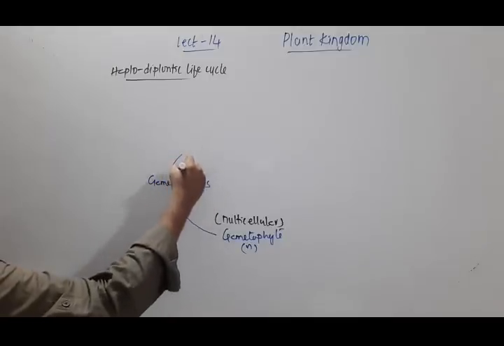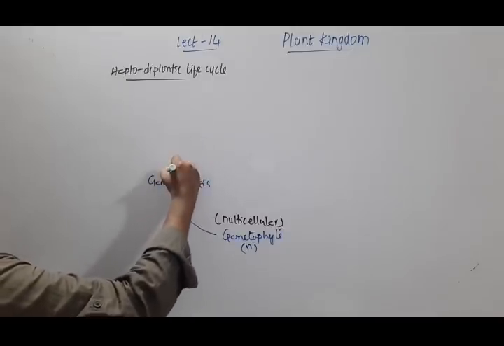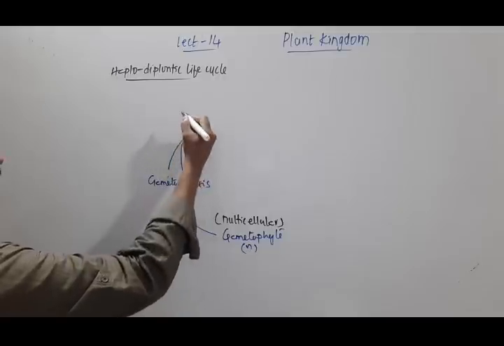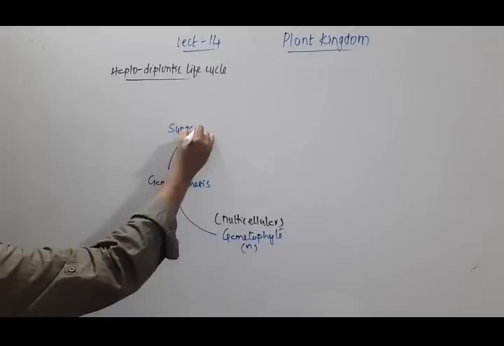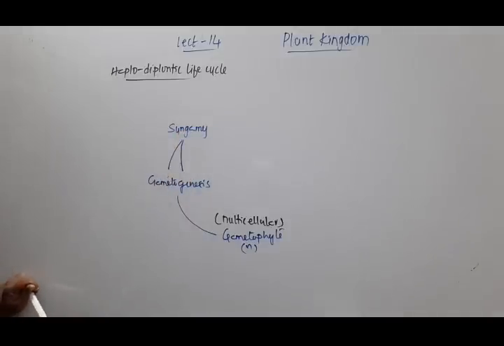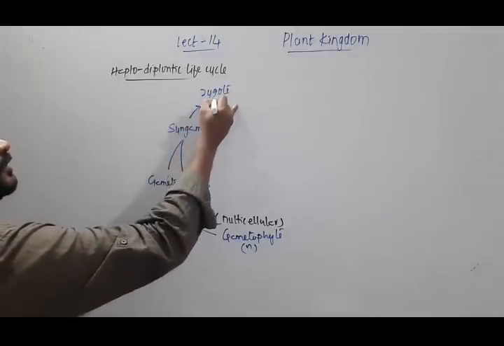So it produces male and female gametes, and both the male gametes and female gametes unite. The process is called syngamy, and this results in the formation of the zygote, which is 2n.